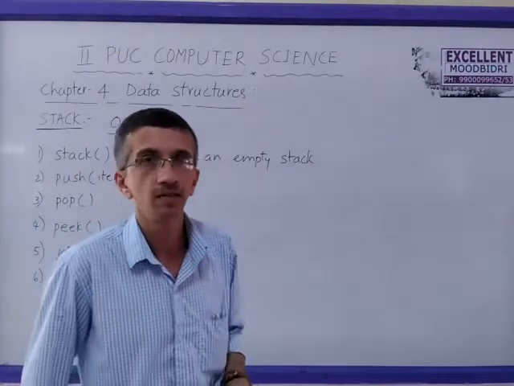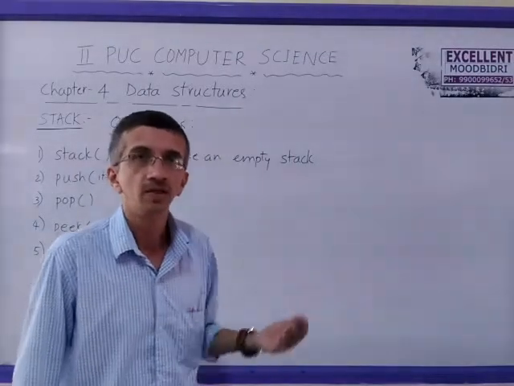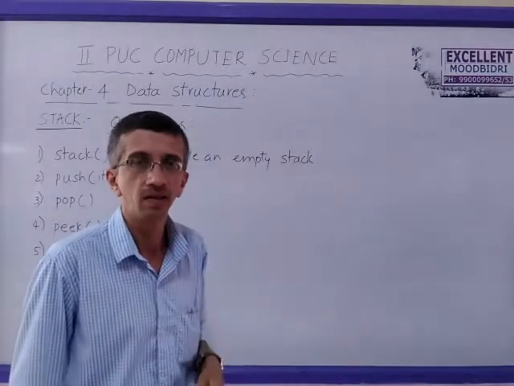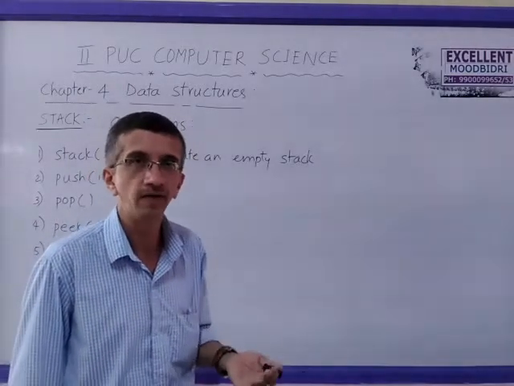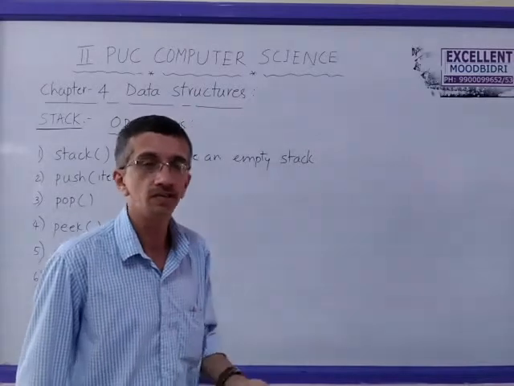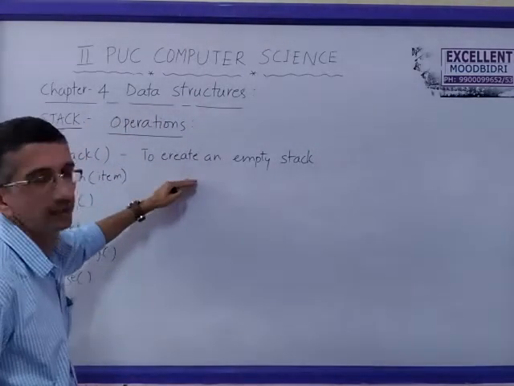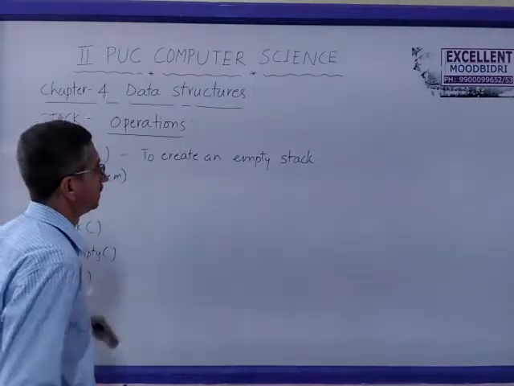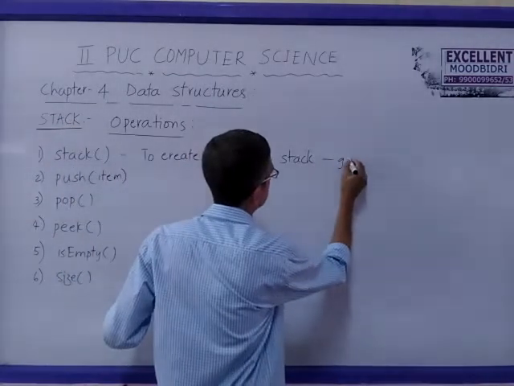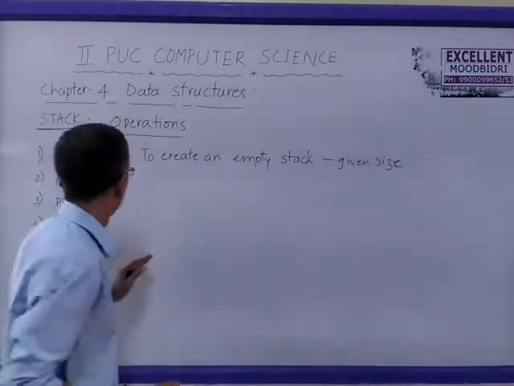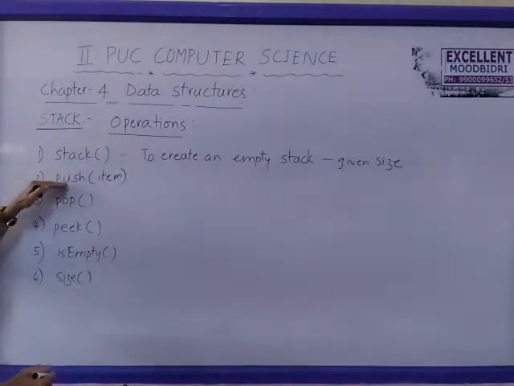Or when we are using a linked list, we just have an empty linked list, and just start dynamically allocating when we require to enter or insert new items. So the stack operation is to create an empty stack with a given size. So allocating memory.